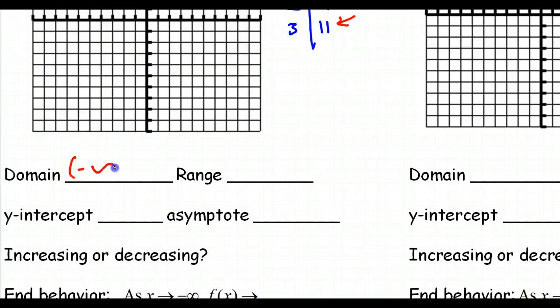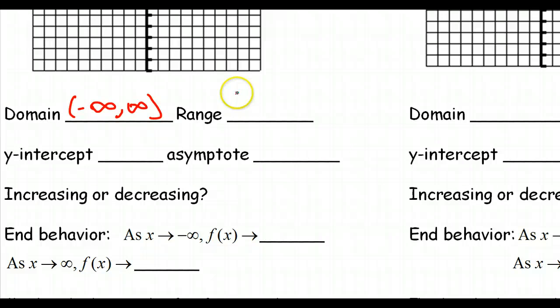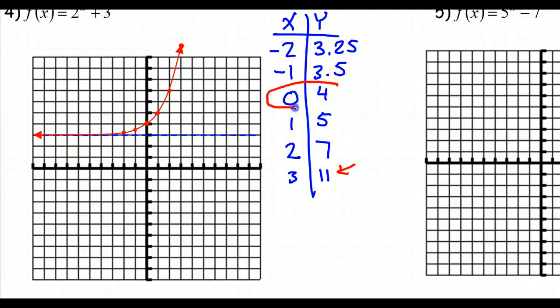Domain, negative infinity to positive infinity. Range, 3 to infinity. Y-intercept, always 0 comma something. There it is, 0 comma 4.